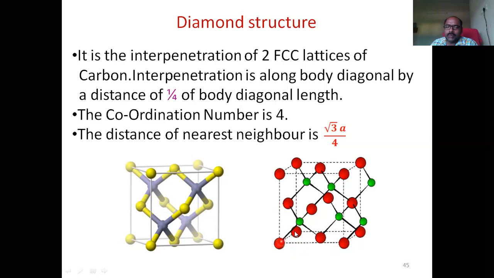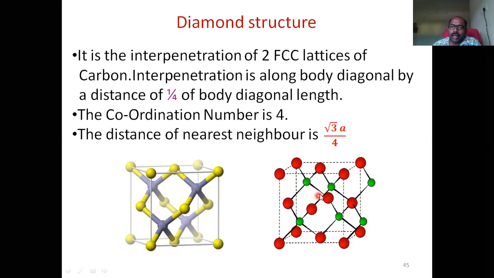So when we translate along the body diagonal, there are two lattice points just like this, and one face center point just above it. Similarly, at this distance there is one face center point. For this it is the front face center, which is towards us, red lattice.